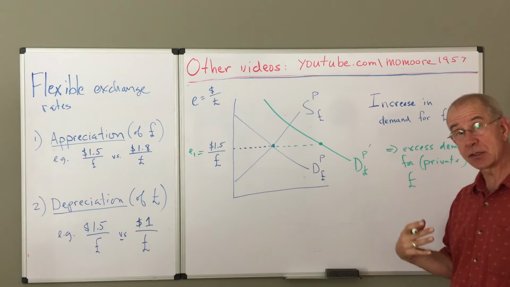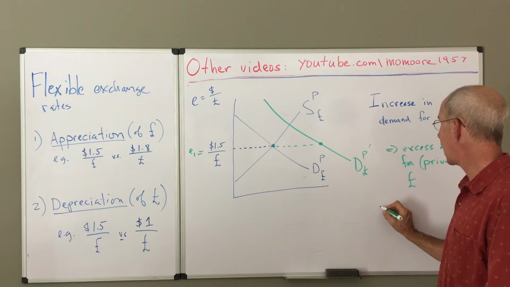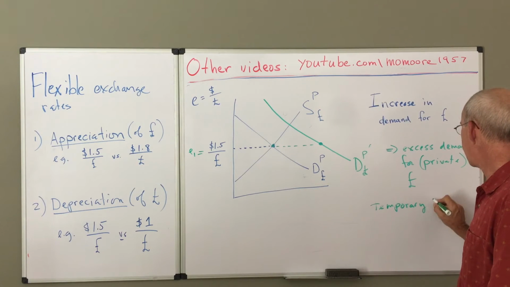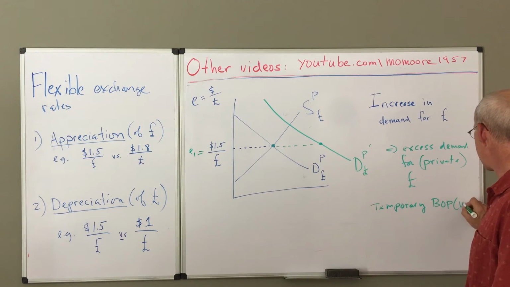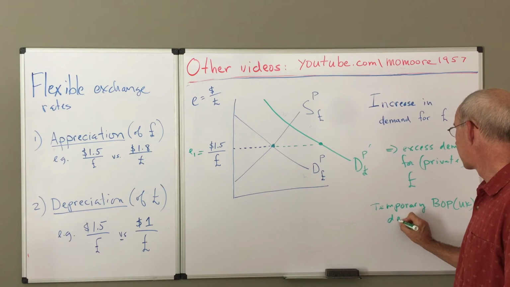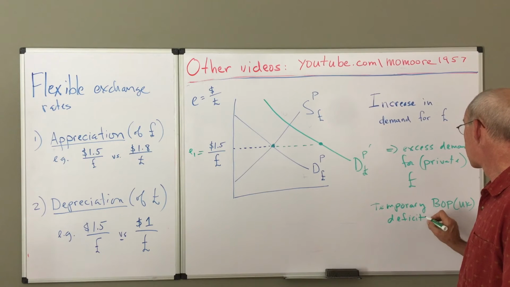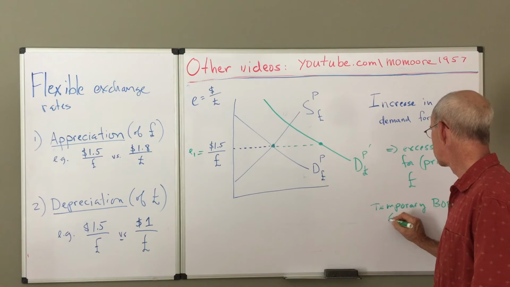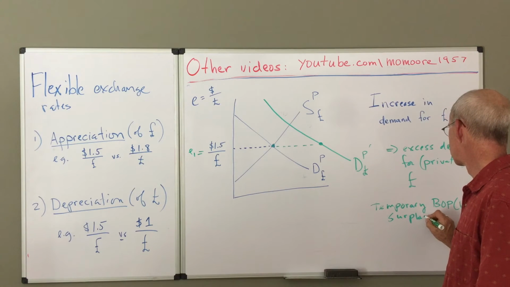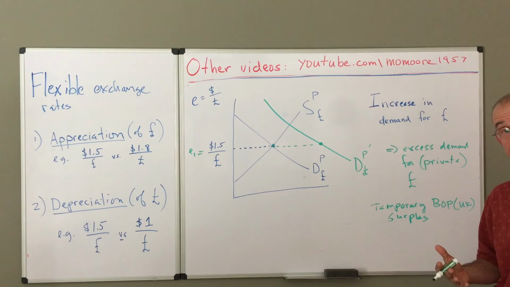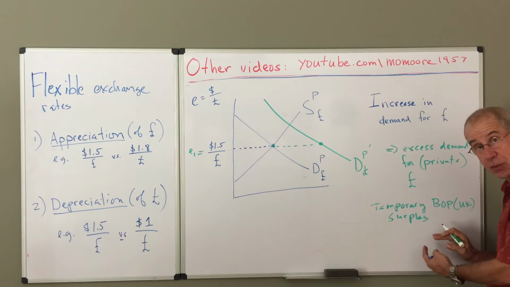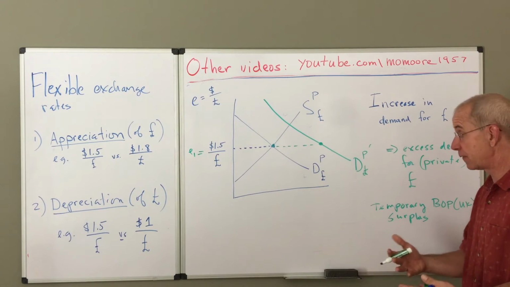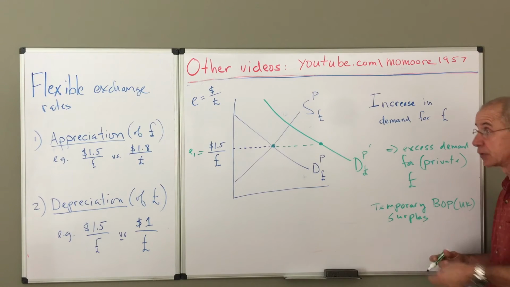If you were looking at this in terms of the balance of payments, you would have a temporary UK balance of payments surplus. So what has to happen because this balance of payments surplus doesn't continue because the central bank doesn't intervene, is that the exchange rate changes.